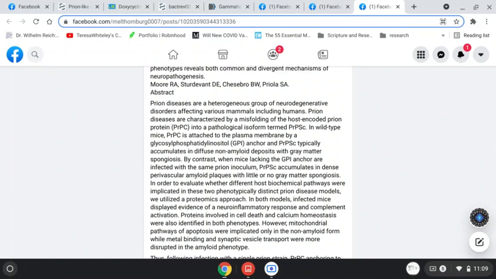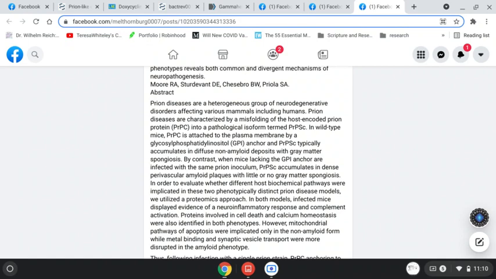In order to evaluate whether different host biochemical pathways were implicated in these two phenotypically distinct prion disease models, we utilized a proteomics approach. In both models, infected mice displayed evidence of a neuroinflammatory response and complement activation. Proteins involved in cell death and calcium homeostasis were also identified in both phenotypes.